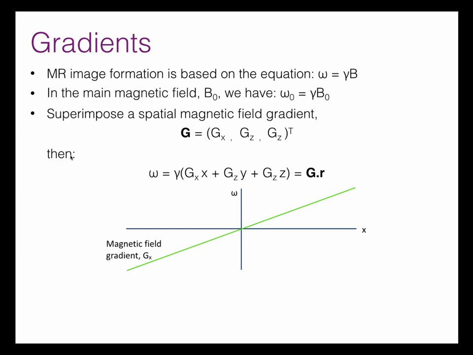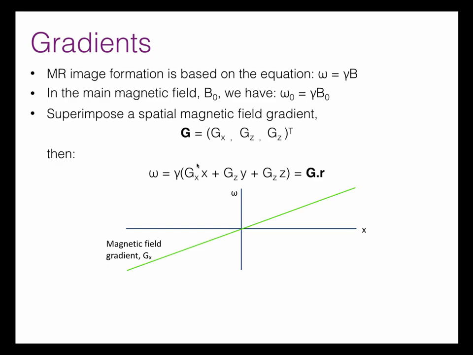And then we will see that we have an additional frequency, omega equals gamma (Gx x plus Gy y plus Gz z). So basically, G is the spatial derivative of the magnetic field that we've applied.